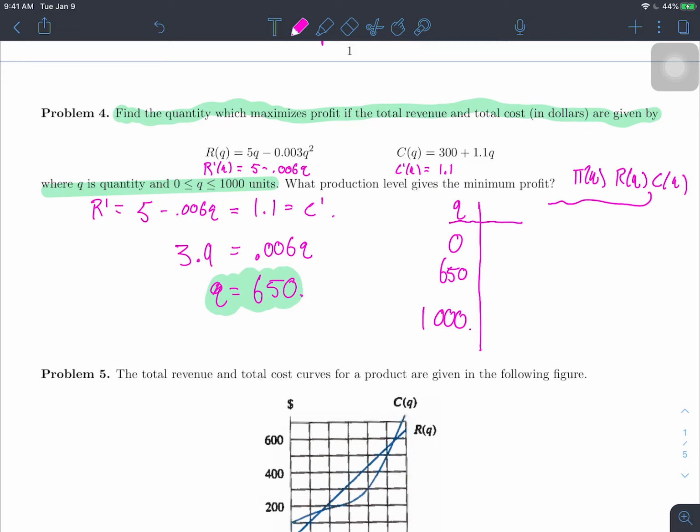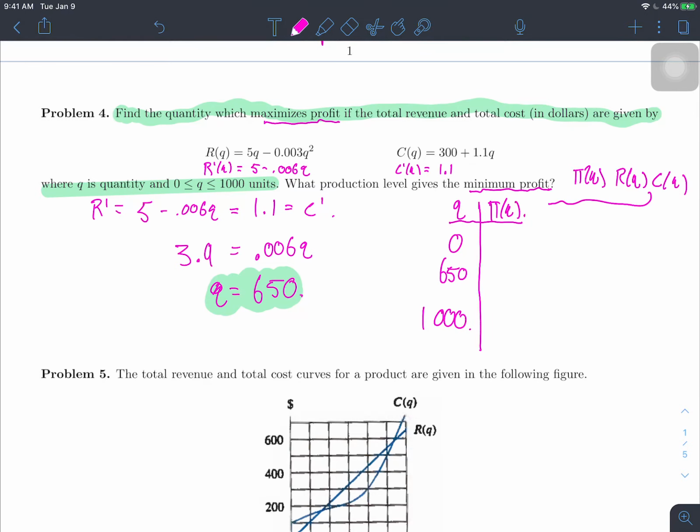Yeah, pi of q. I should use pi of q here because pi of q is what I'm trying to maximize. I want to know, at these 3 points, what's happening to my profit. So on the right-hand side, I'm going to put pi of q. I want to know what the minimum profit is, or the maximum profit.